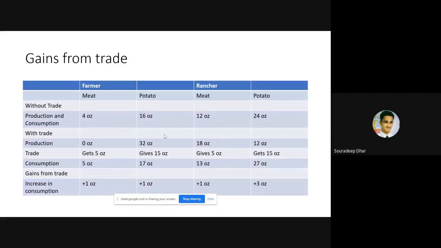It's almost the same, just the numericals are different. Starting from a position of no trade, give an example in which trade makes each country better off.